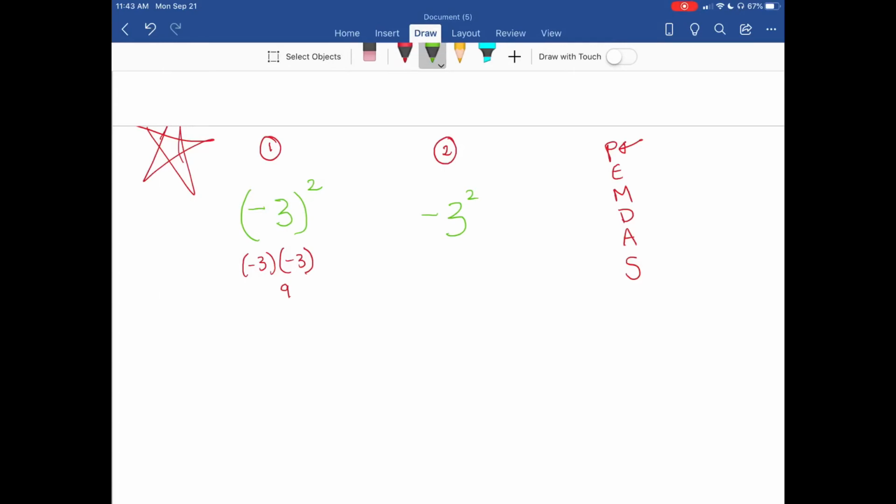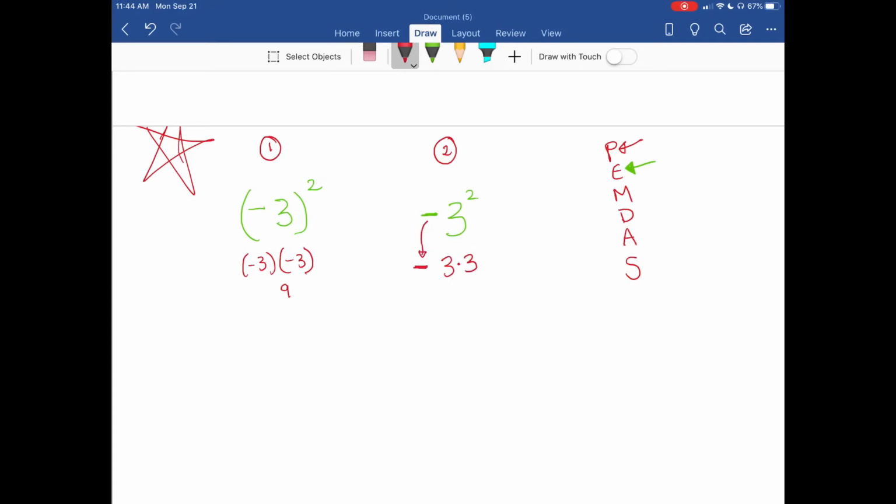Now, let's look at the second one. If I'm following my order of operations, I don't see any grouping. I see an exponent, and then I see just a negative sign. It's not subtraction because there's no other term in front of it. This, folks, is telling me take 3 and square it.